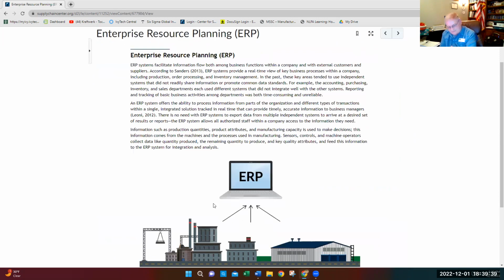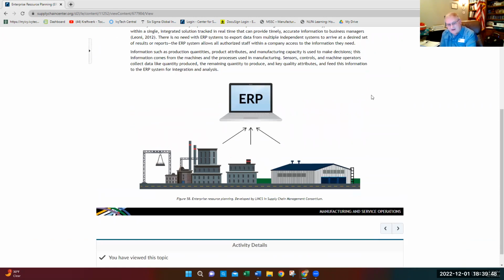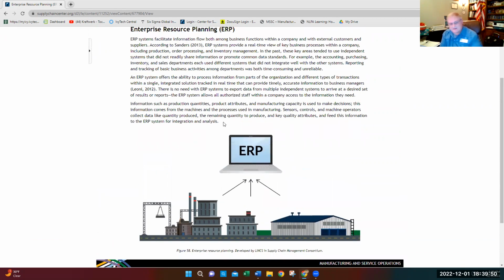This is kind of a reflection of what you're going to get in almost every supply chain course. It's talking about enterprise resource planning, and that's the software that connects all the different processes in the supply chain together. So through ERP, when I'm in procurement and I'm going to go buy raw materials, my folks in finance know I just obligated us money to buy metal and wood and plastic, whatever I need for raw materials.